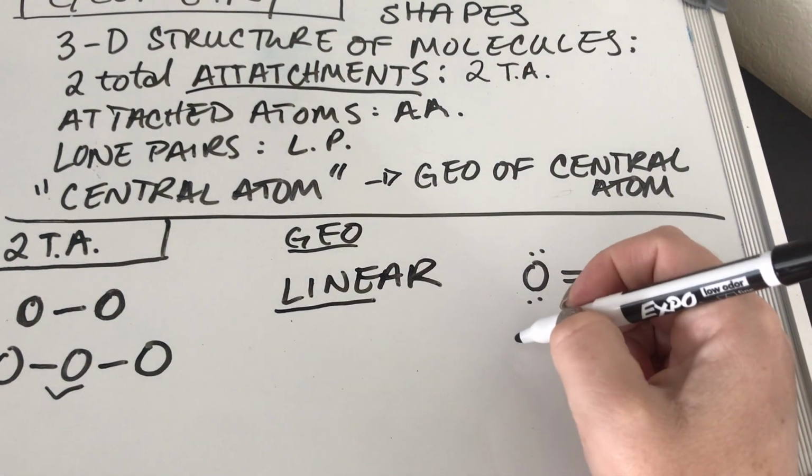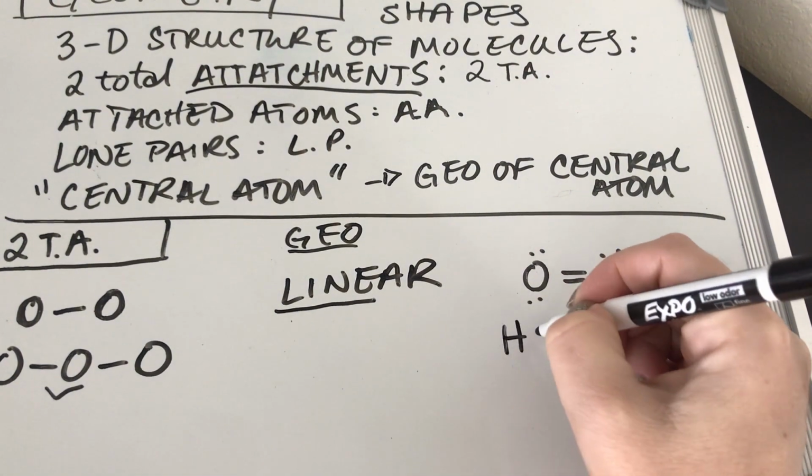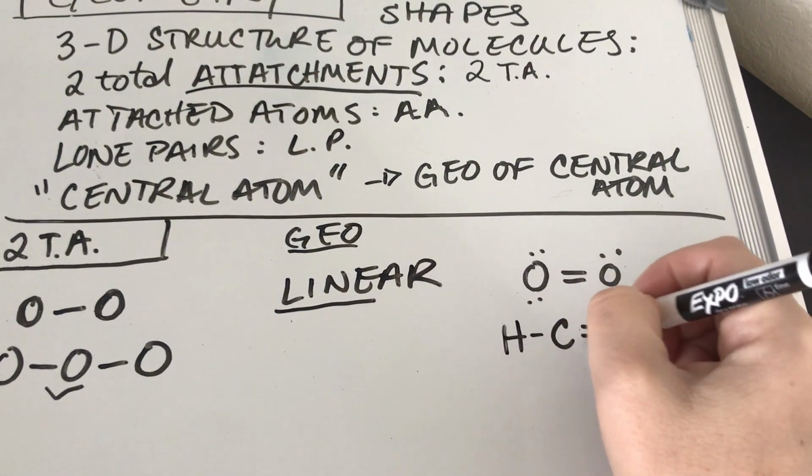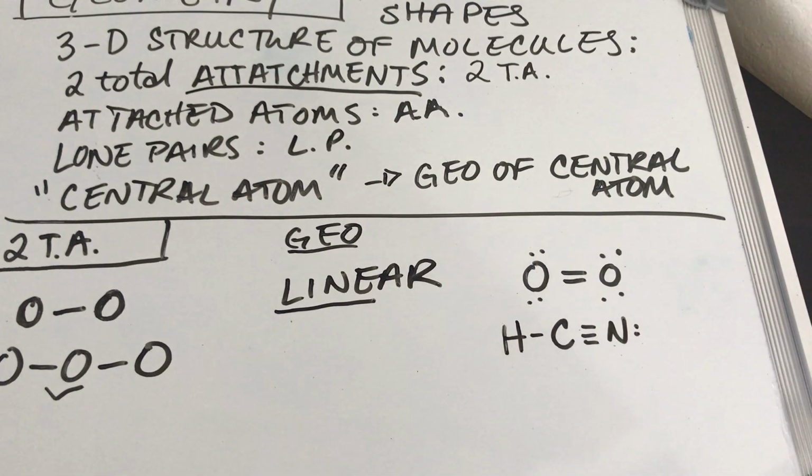Let's look at an example of this guy. So here I have 3 atoms attached together. Who's my central atom here? Carbon, right? So carbon's my central atom, so that's the atom whose geometry we're talking about.